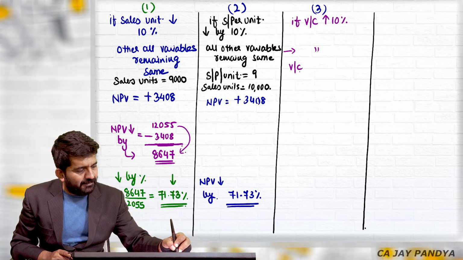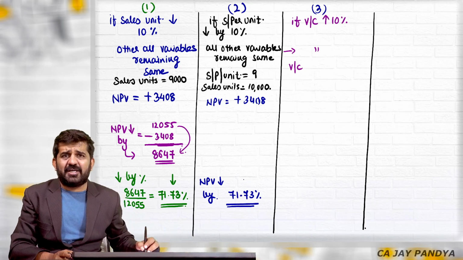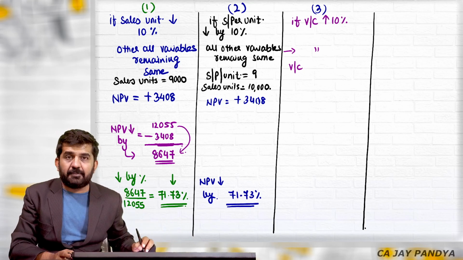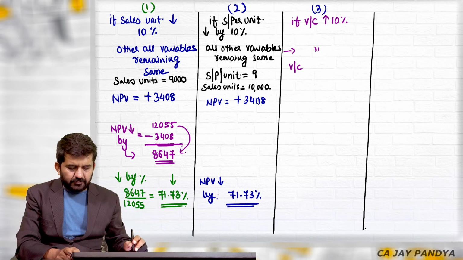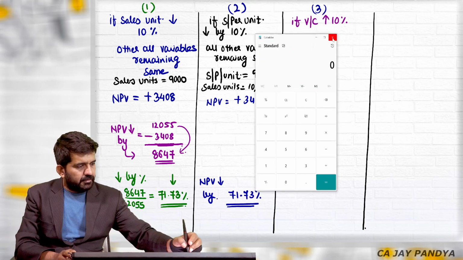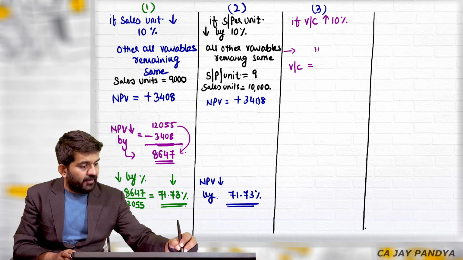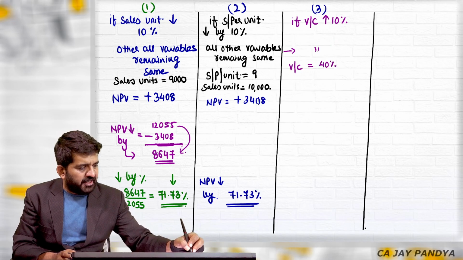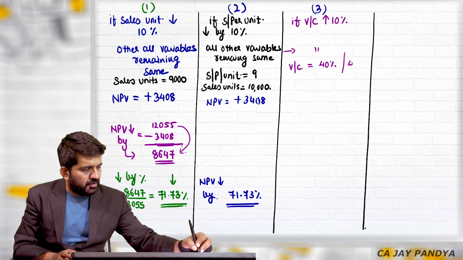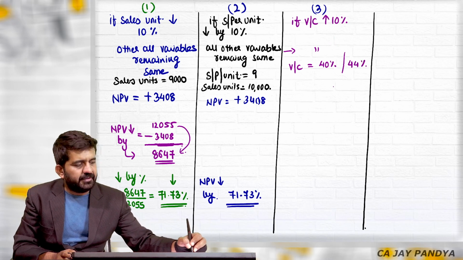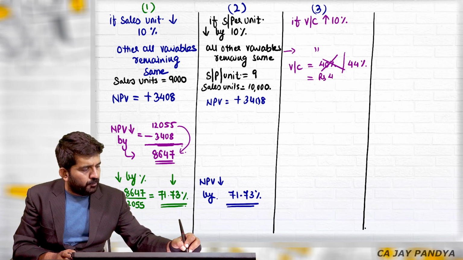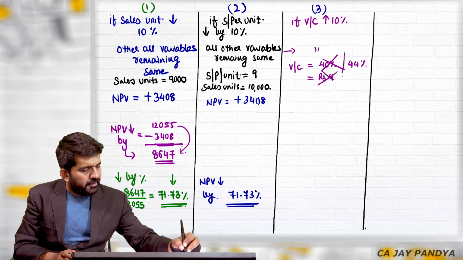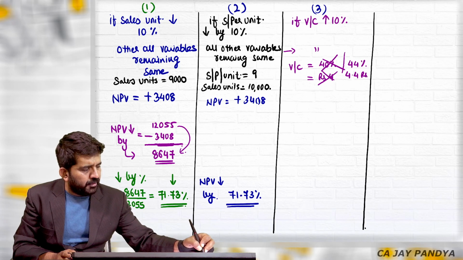My variable cost, what is the percentage variable cost? It is 40%. What is the cost per unit? 4 rupees. Variable cost from 40% becomes 44%, or from 4 rupees, it becomes 4.4 rupees.